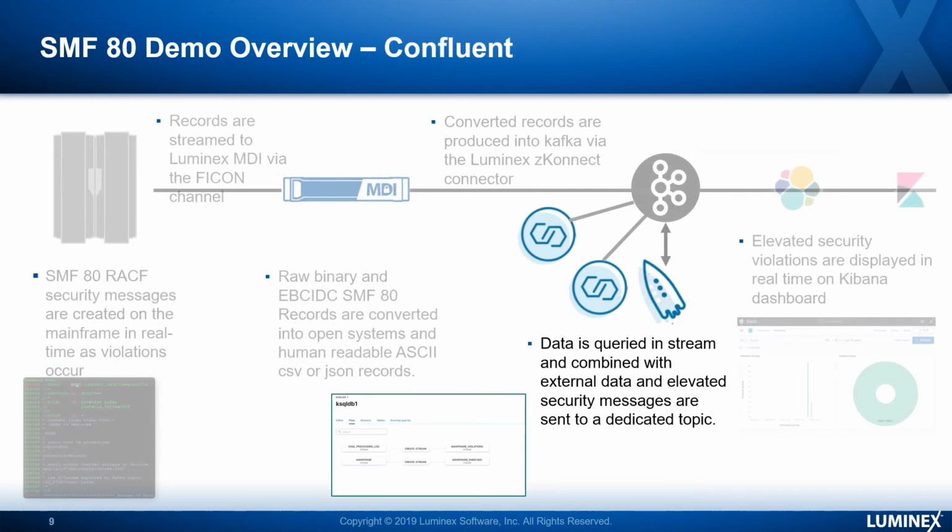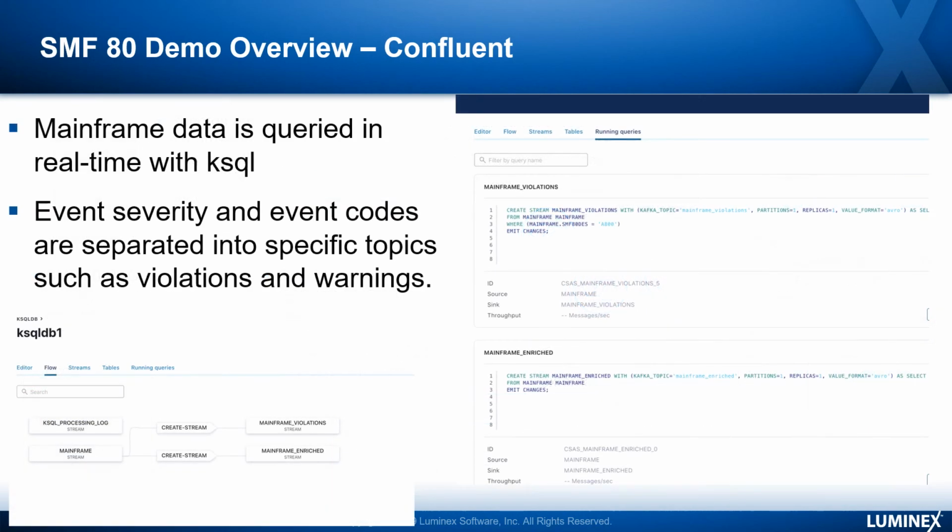Next, we'll talk about how the data is queried out of this data stream and the examples of different things that we can do with it. In this case, the mainframe is queried in real time with KSQL. We're looking for the event severity and the event codes. We're separating those into specific topics then, such as violations or warnings.